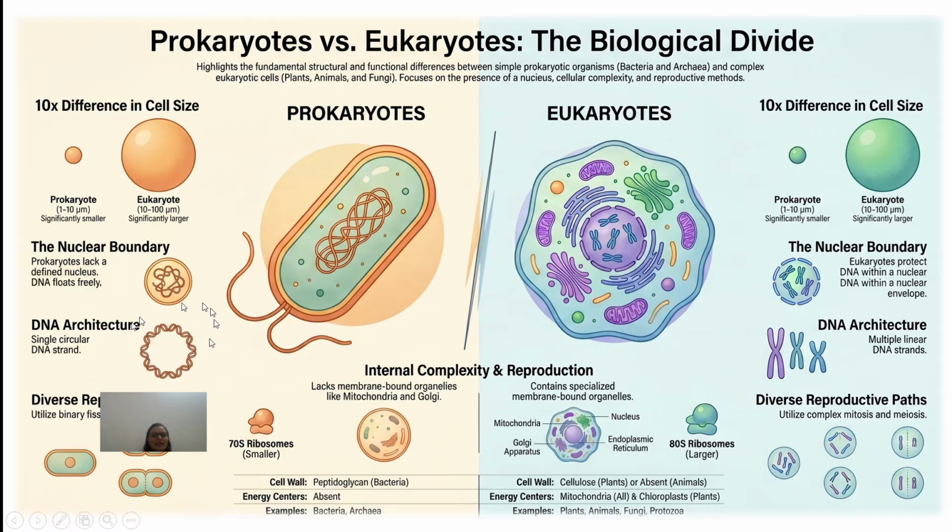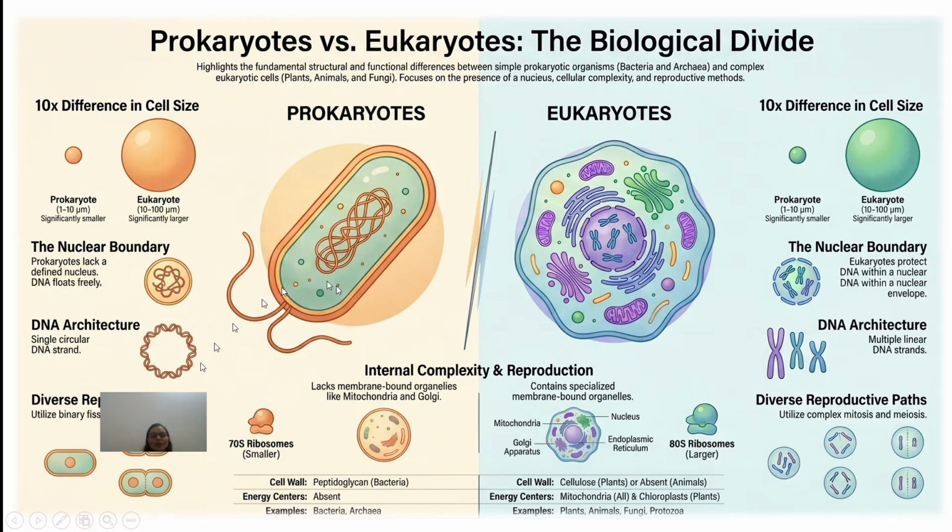When we discuss the nucleic acid material, whether it is circular or linear: in prokaryotes, a single circular DNA strand is present, while in eukaryotic cells, multiple linear DNA strands are present in the nucleus.